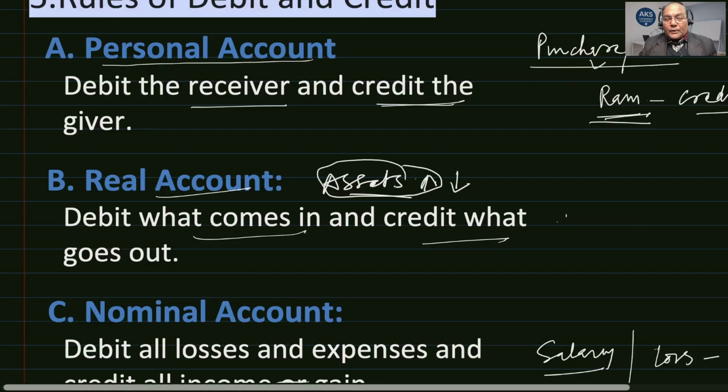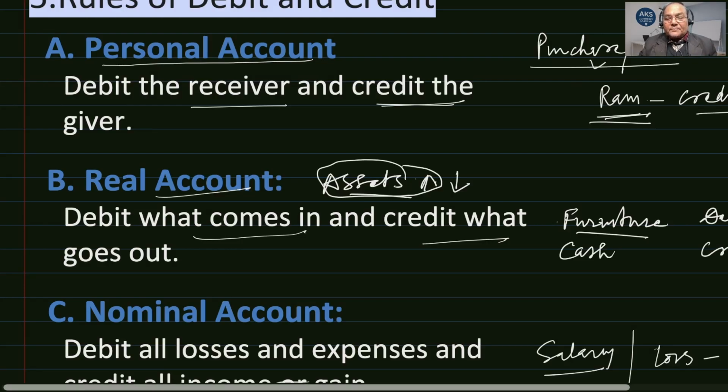This account is furniture. Furniture being a real account, we need to debit it because furniture is coming into the business. And what is going out against the furniture? We are paying cash. So cash is going out, and we will credit cash.